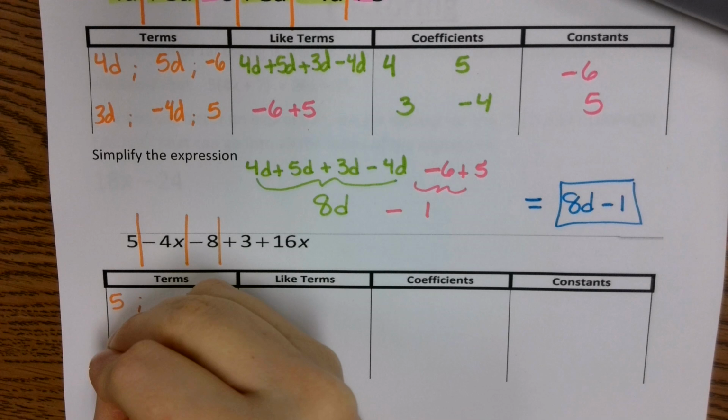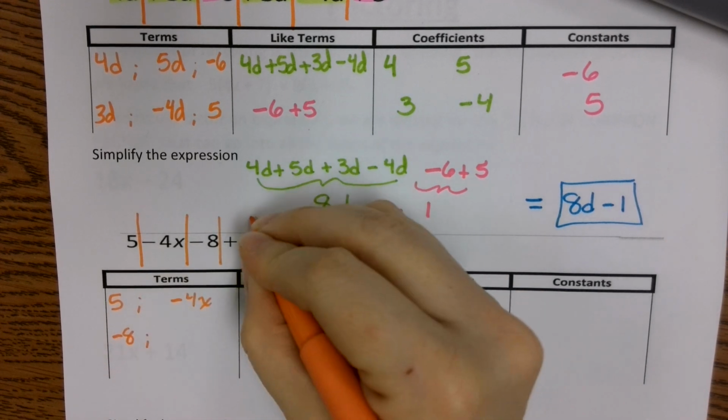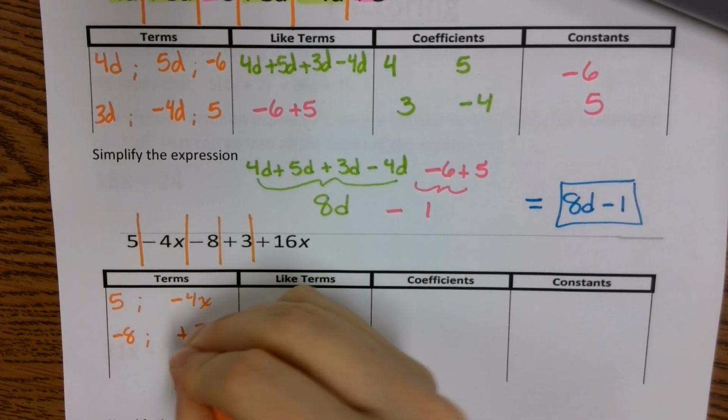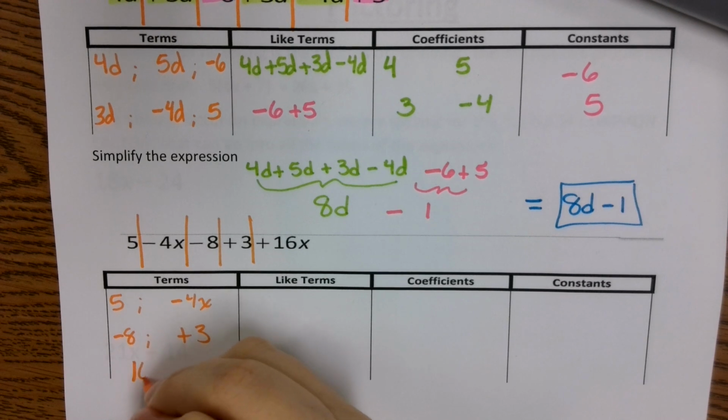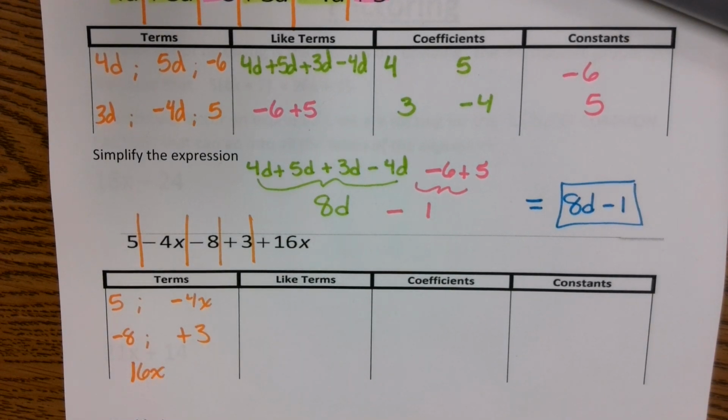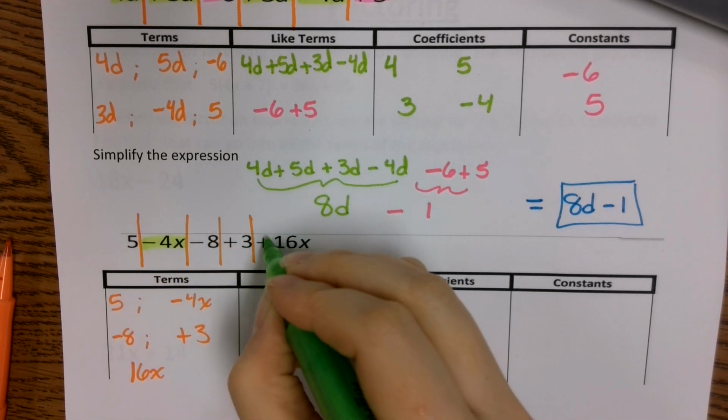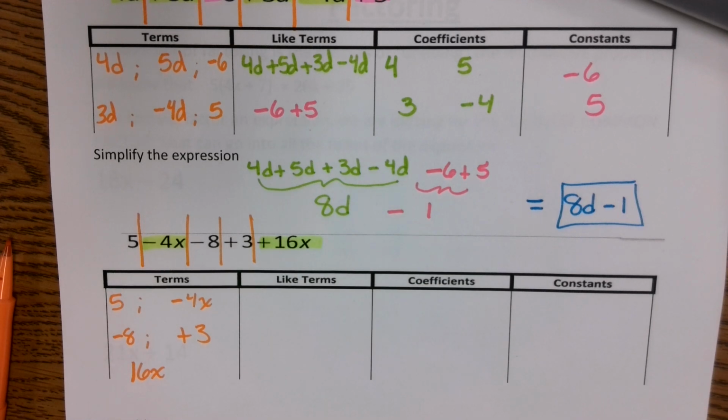The next term is a -8. Then we've got a +3. And then we've got a +16x.